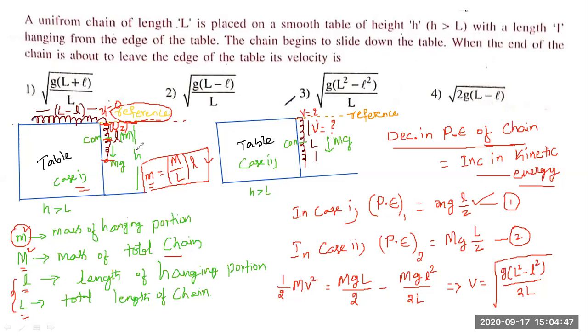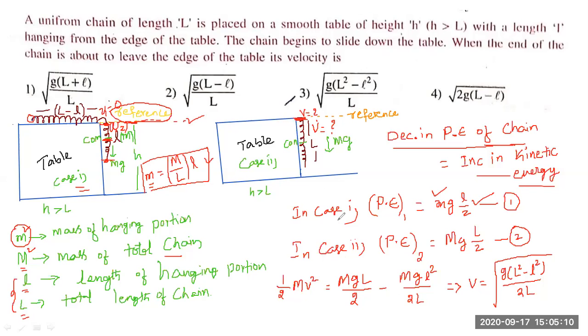Okay, students. Now, as shown in the two figures, in the first case, because of small mg, it started falling down. Initial potential energy with respect to the surface of the table, we can take as mgl by 2. And similarly, students, after some time, this is the edge, no, it is reaching over here.